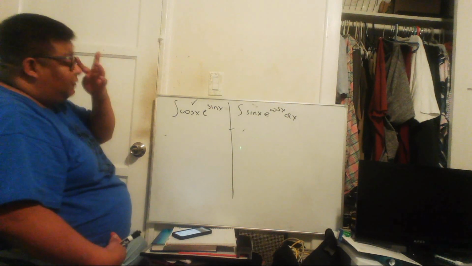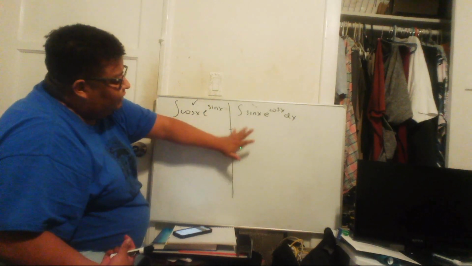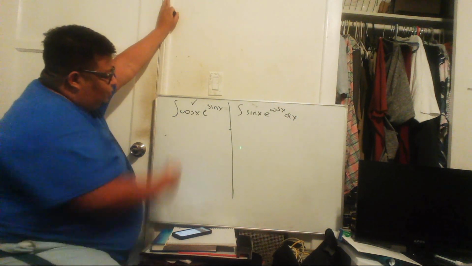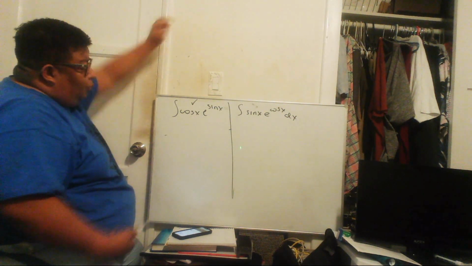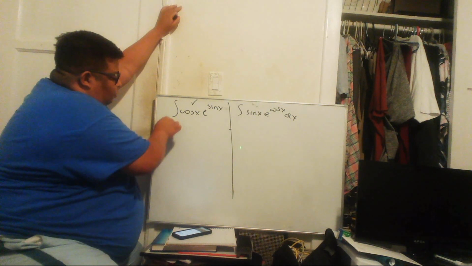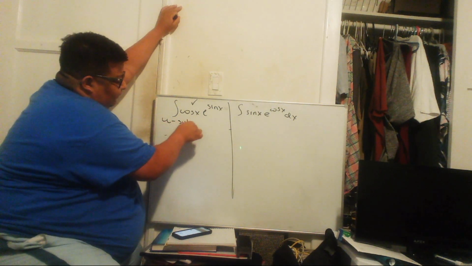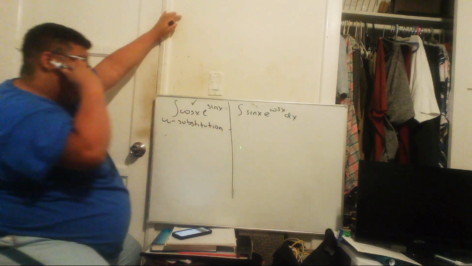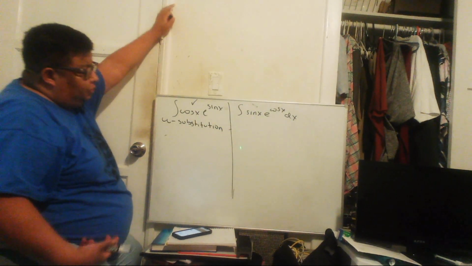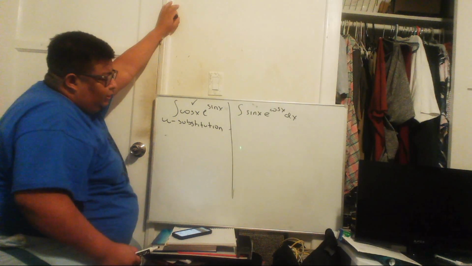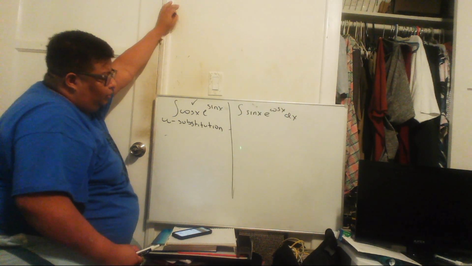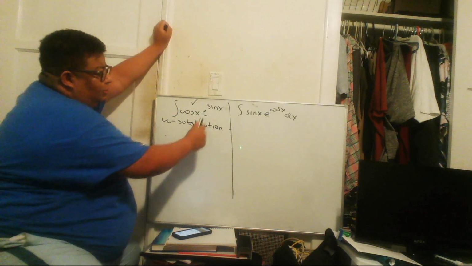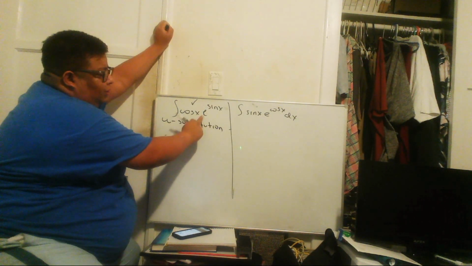So let's see. I haven't done this by hand again, but let's do it correctly. When we were doing these ones, we were doing u substitution. U substitution says that you have to pick an inner function and then work your way to an easier integral. So what's the inner function here?